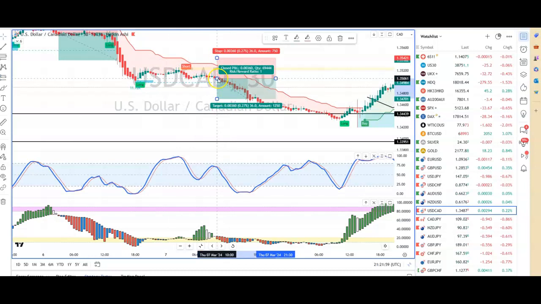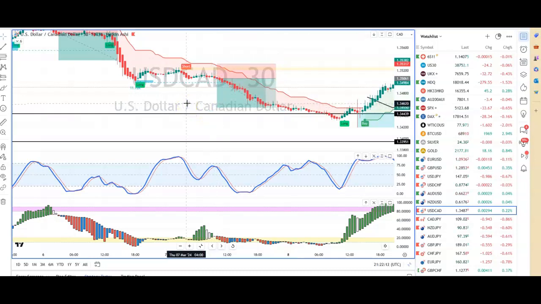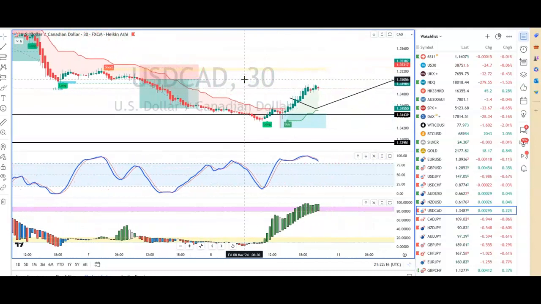What time was that? 10 AM, yeah. And your nice stop here, just above that resistance area, 25 pip stop, and 2 to 1. Got hit within a couple of hours. Usually it doesn't take long. Within a couple of hours you're going to bank your 10%, let's say, if you're risking 5%.